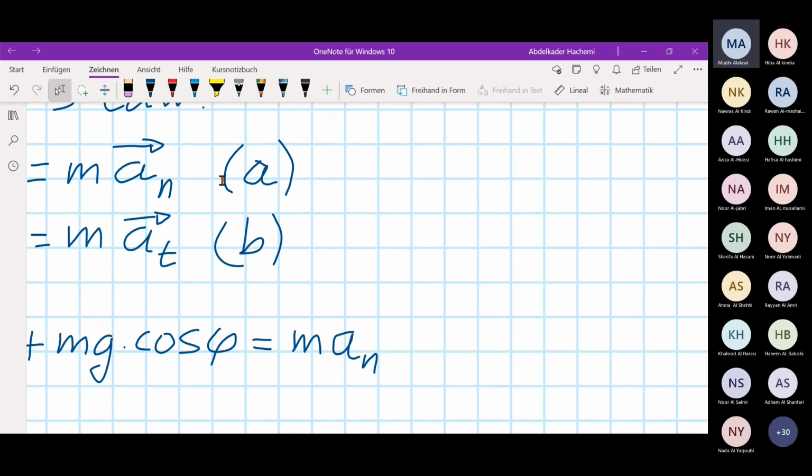In our case here, r is only the length of the rod. Omega, sorry, it's only phi dot. Then in this case, I will write it in red, a n, it's only L phi dot square.